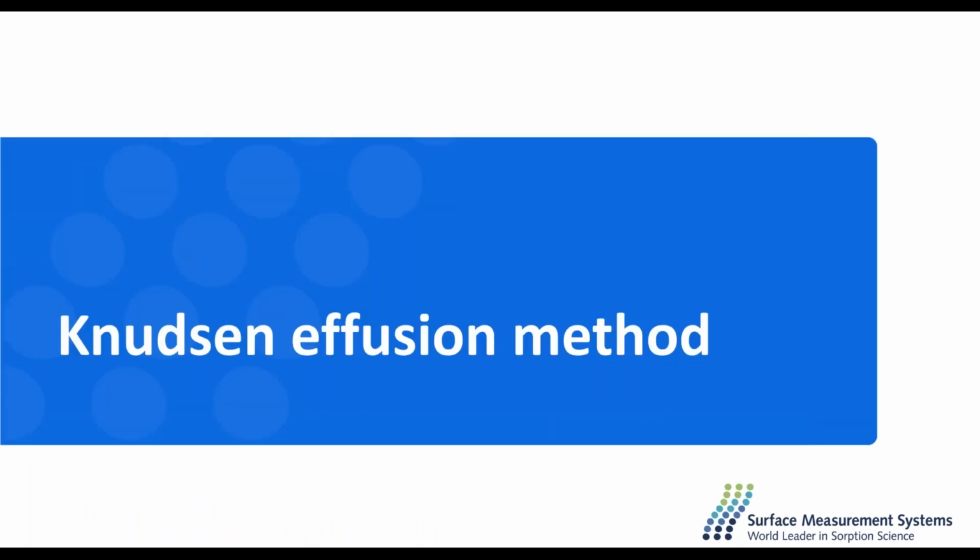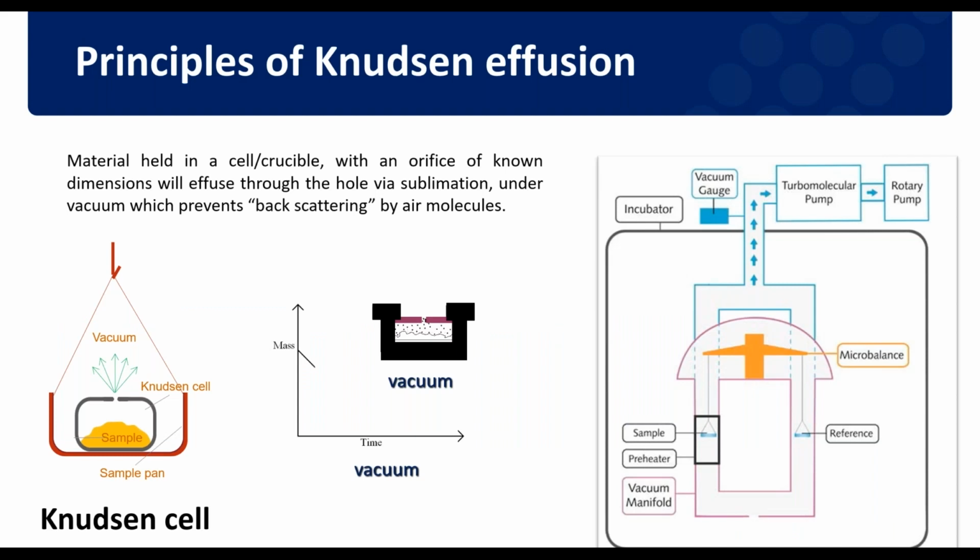Starting with the Knudsen effusion method. In this method, the sample is placed inside an enclosed cell with an orifice of a known dimension and placed into a vacuum. What will happen is that inside the cell a vapor pressure will be generated by the sample, which will leave the cell through this small hole.